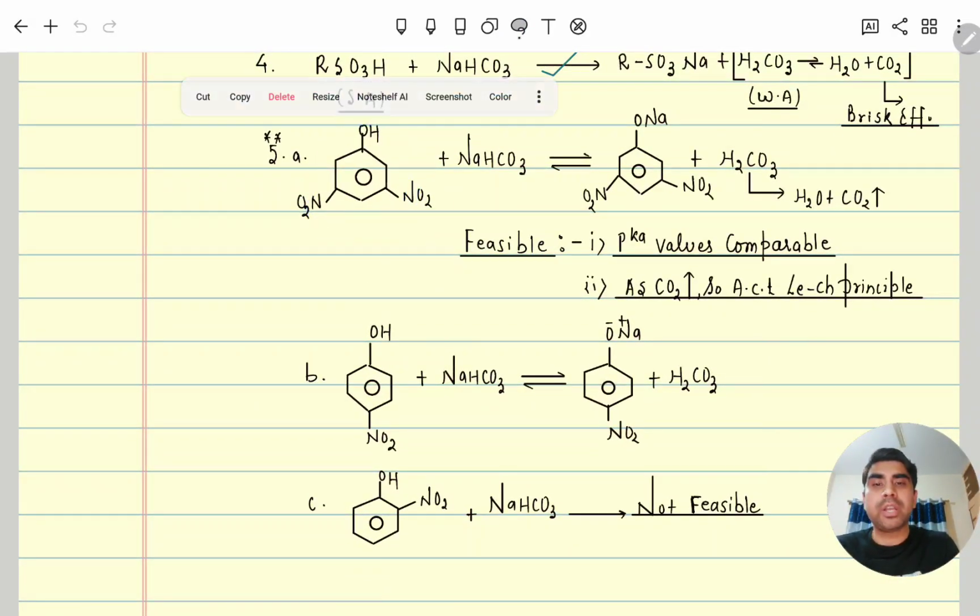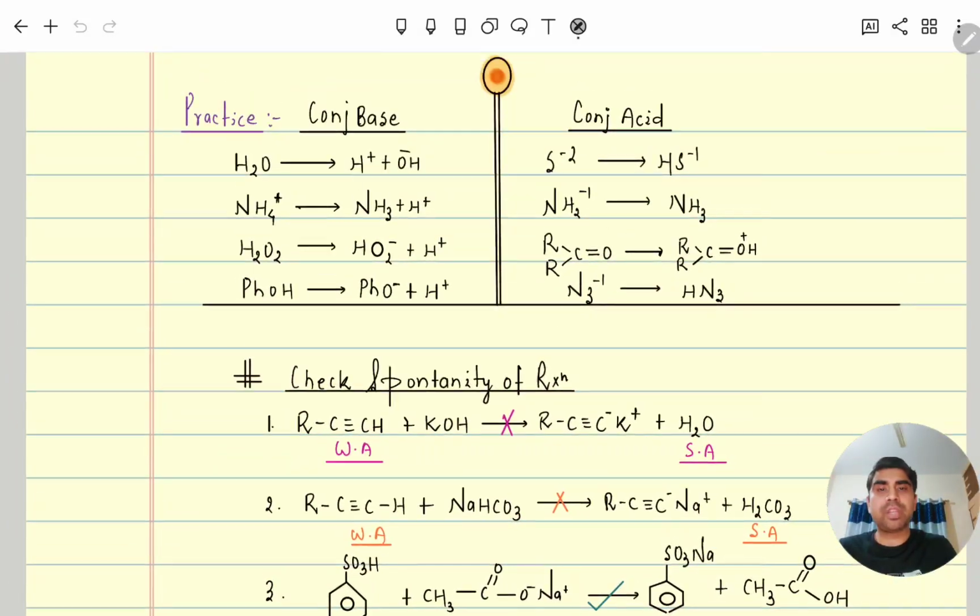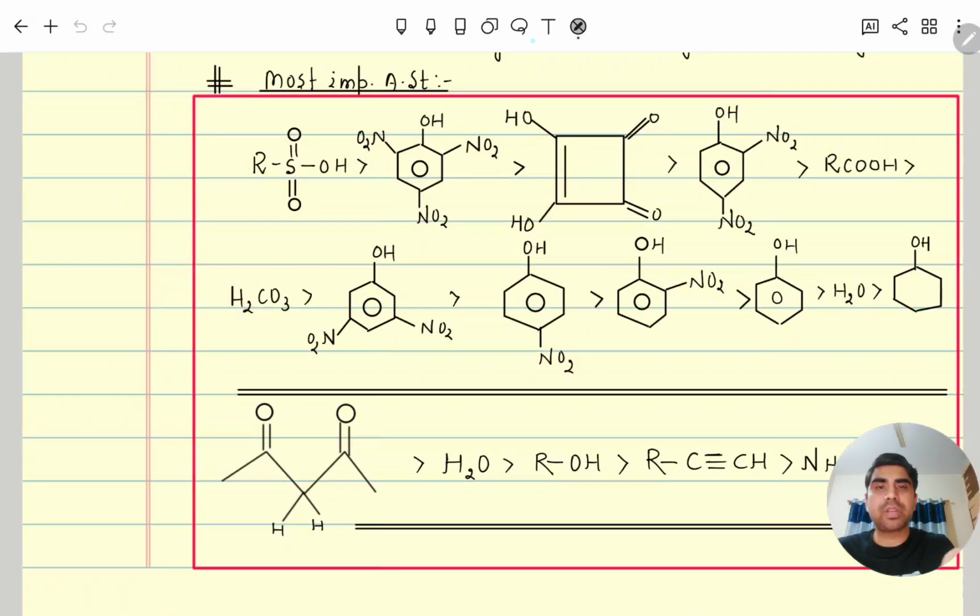Next, moving further, this one is very important. Try to understand. Here as this reaction happens, it is forming salt and H2CO3. In this acidic strength order, H2CO3 is here, and just below that the meta group is there, and after that the para one.